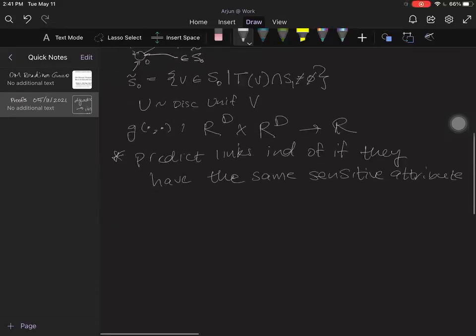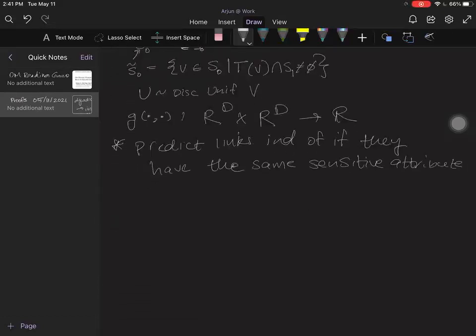And in a binary classification problem, demographic parity would expect the classifier to give positive outcomes to two sensitive groups at the same rate. So we're going to turn the two groups from demographic parity into the groups of intra and interlinks. So intra and interlinks will now be our two groups for which we want to predict positive outcomes at the same rate.